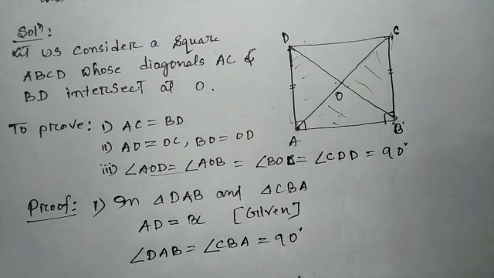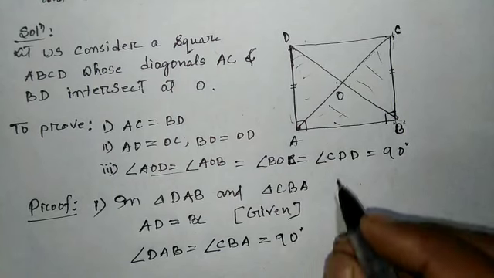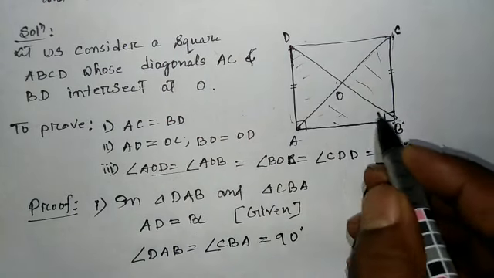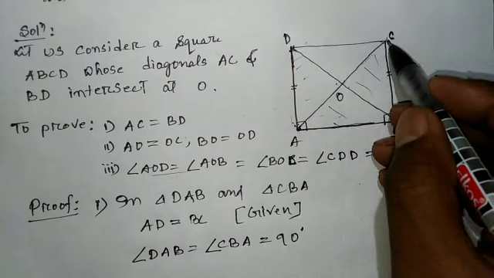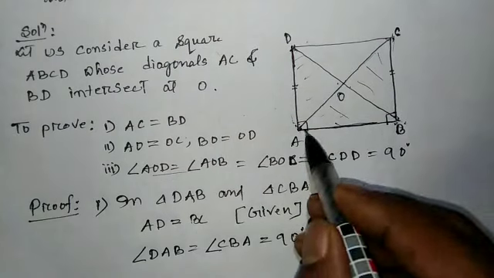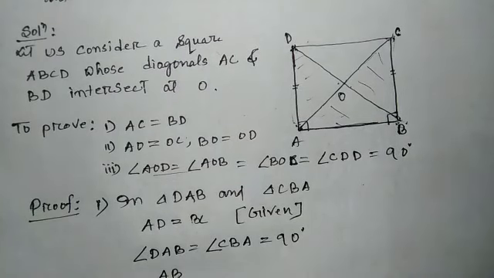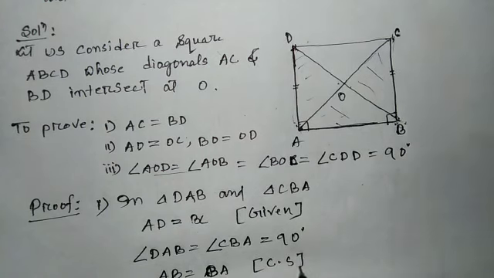In a square all the angles are 90 degrees. Now again, AB is the common side. In triangle DAB, AB is present, and in triangle CBA also AB is present. So AB is equal to BA, common side. You will write the full form.